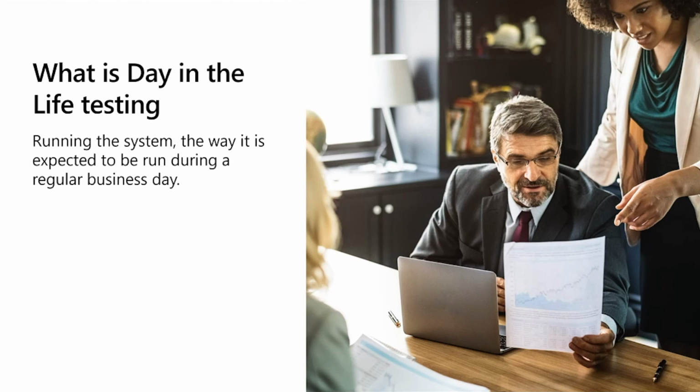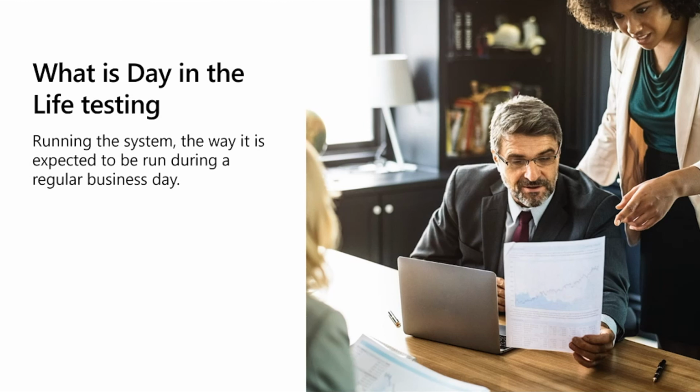The goal of performance testing may only be to observe a specific scenario with the testing result, validating the SLA or that particular process's performance objectives. But in day in the life testing, you are observing end-to-end system usage with the testing result.